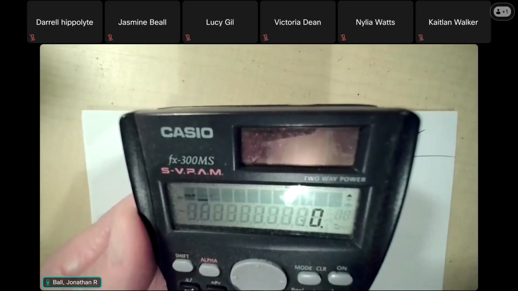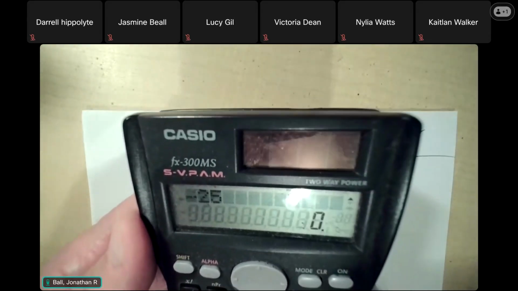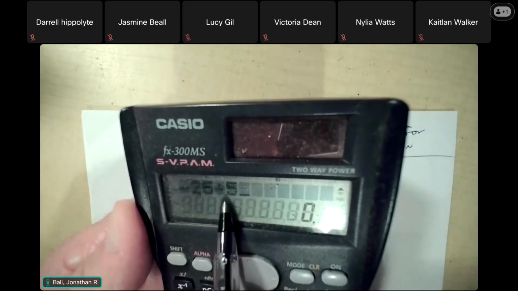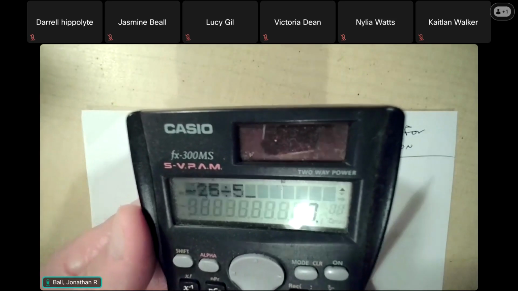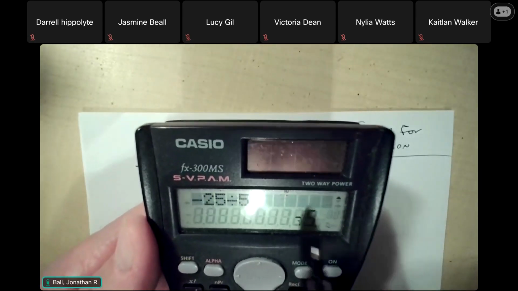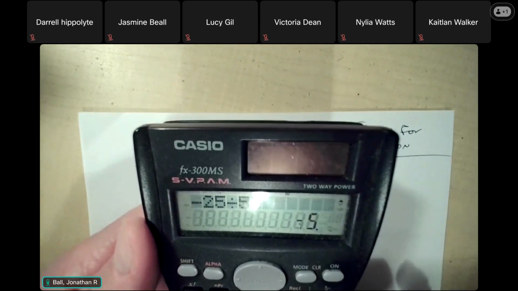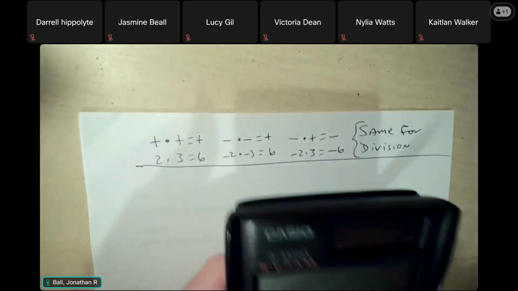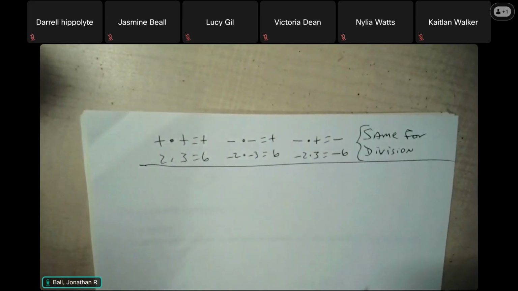And if you have negative 25 divided by 5, a negative divided by a positive is going to be a negative 5. If you forget, put it in the calculator, but again, please don't tell Dr. Burke on me. I'm in enough trouble as it is.